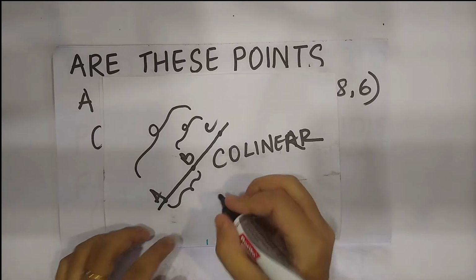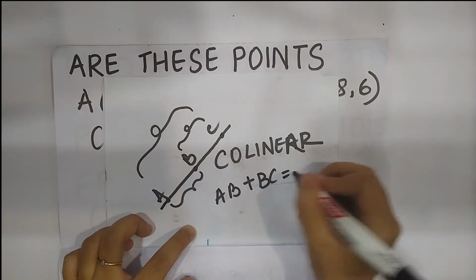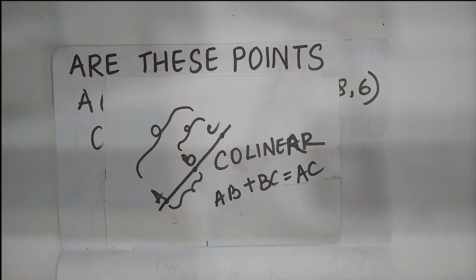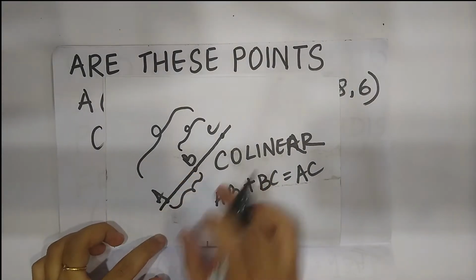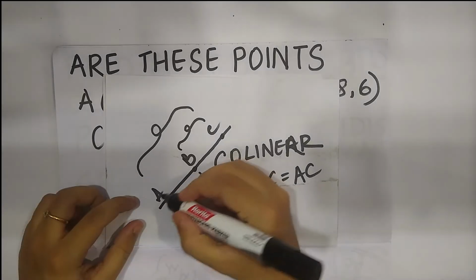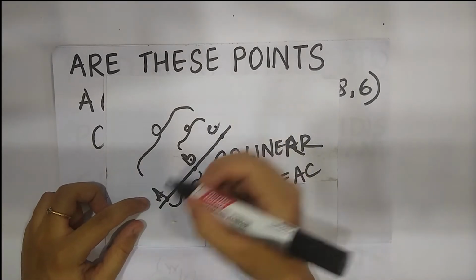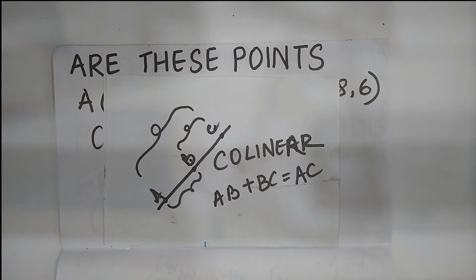Then we can say AB plus BC should always give you AC. Because you've only been given coordinates, you have to prove that this is collinear. So for us to prove that, AB plus BC should be equal to AC. Only then can we prove that these 3 points are collinear. So let us do that.